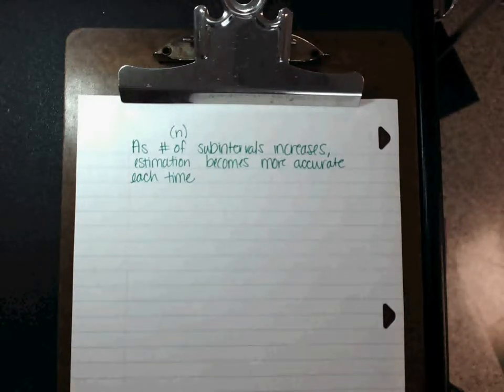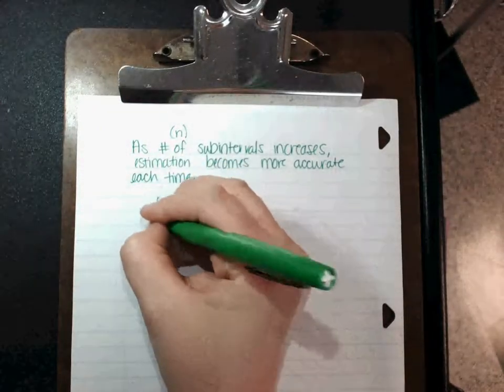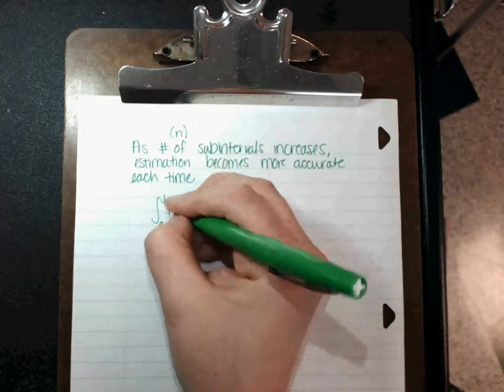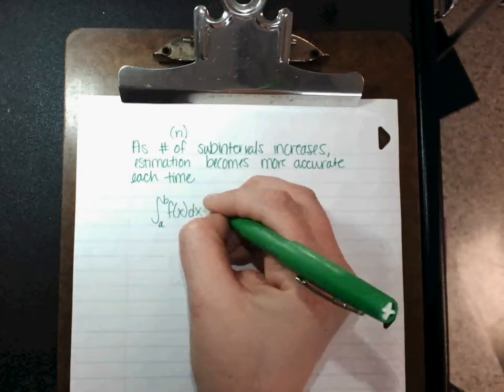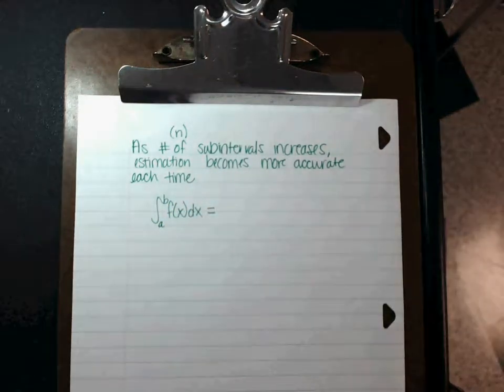Okay, so here's your definition of an integral, which is the whole point of why we did any of this. The integral from a to b of f of x dx is exactly equal to, not approximated by, that big long formula that I gave you, but with a limit as n goes to infinity.